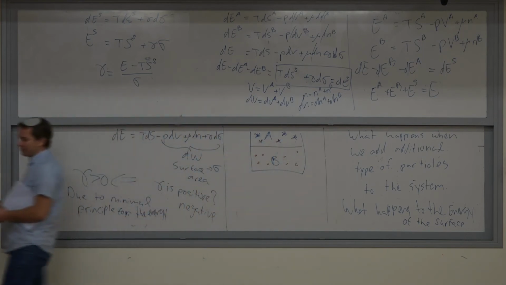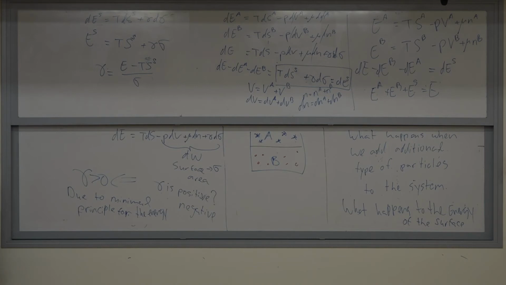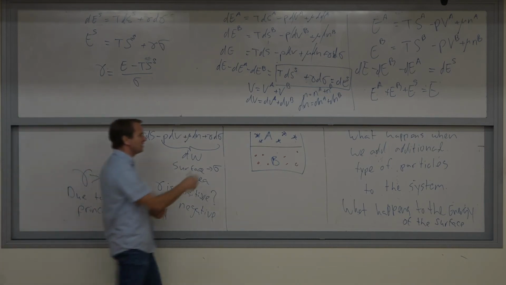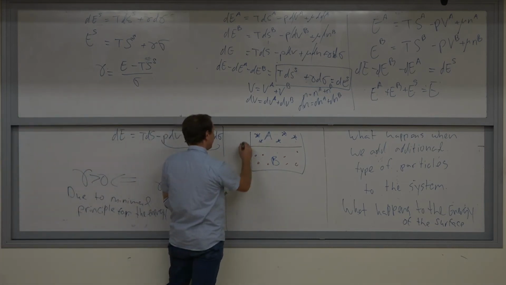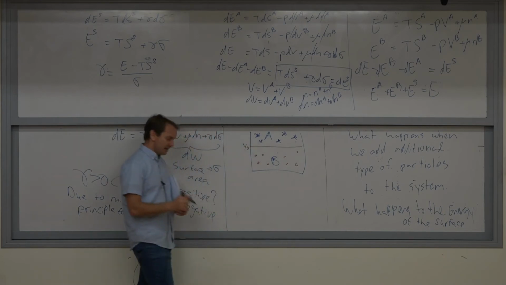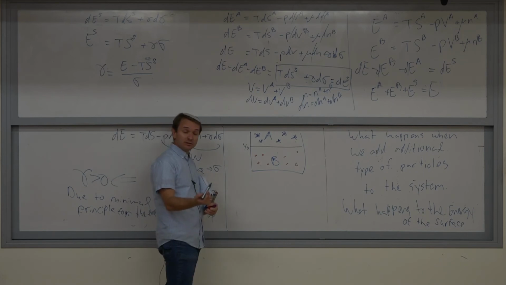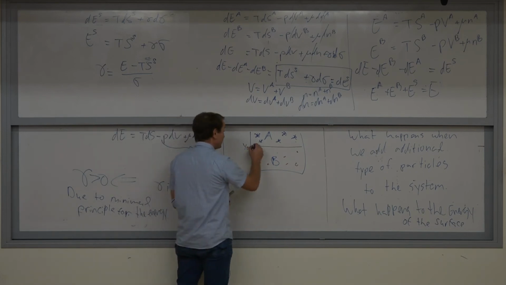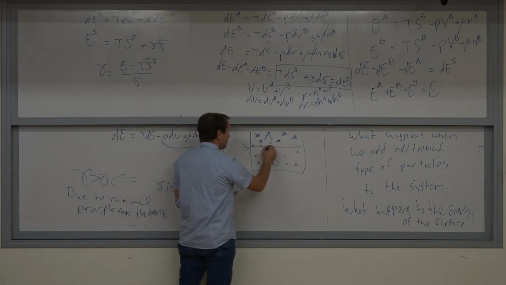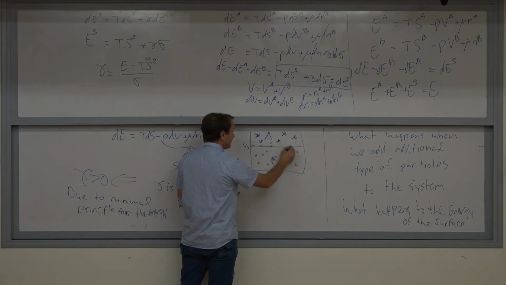And how do I know this? Because this is how I constructed my surface. But if I add particle C, they can be everywhere. And then basically some of particles C can be on the surface itself.